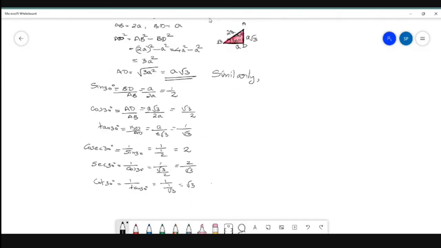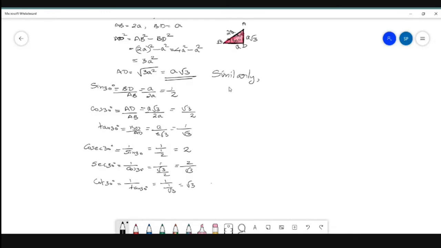Now similarly with the angle B equal to 60 degree here. With respect to 60 degree, sine 60 is opposite side by hypotenuse, that is AD by AB. Same way cos 60 is adjacent side by hypotenuse, BD by AB, and tan 60 is opposite side by adjacent side.